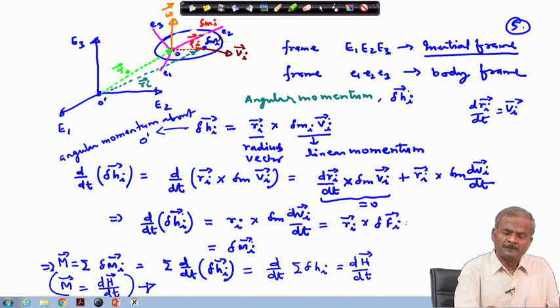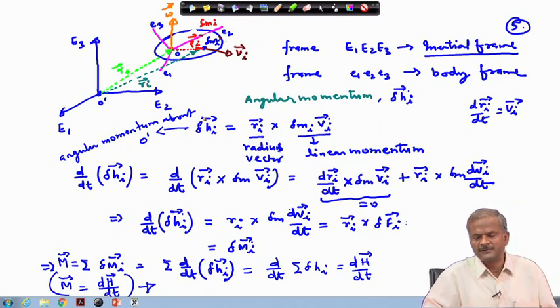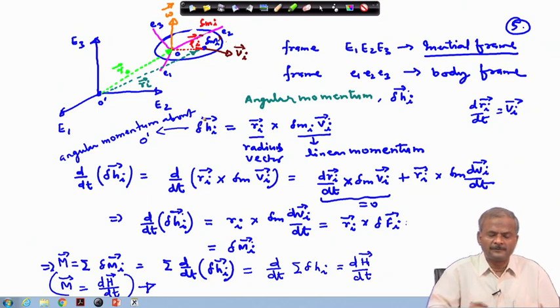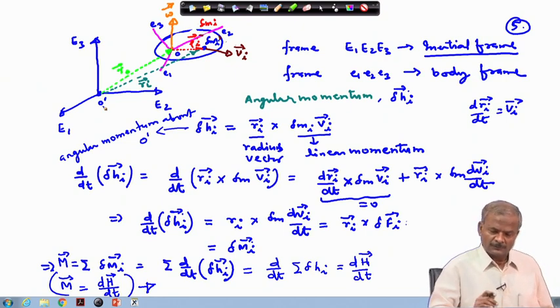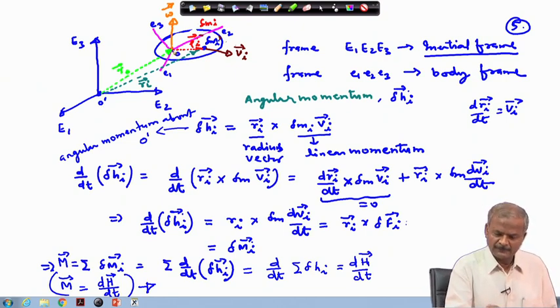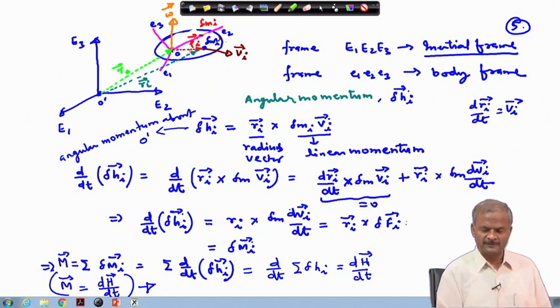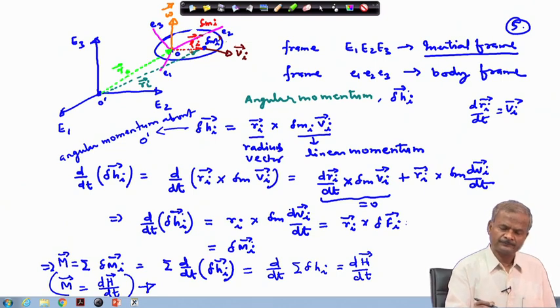This is the absolute angular momentum of this particle, because we are calculating it in the inertial frame about this point O prime. So, we need to extend this further to the point that we want to describe. Quite often it is very easy to describe the system angular momentum about a point in the body itself. So, we reduce it to that form and see what benefit we get out of that.